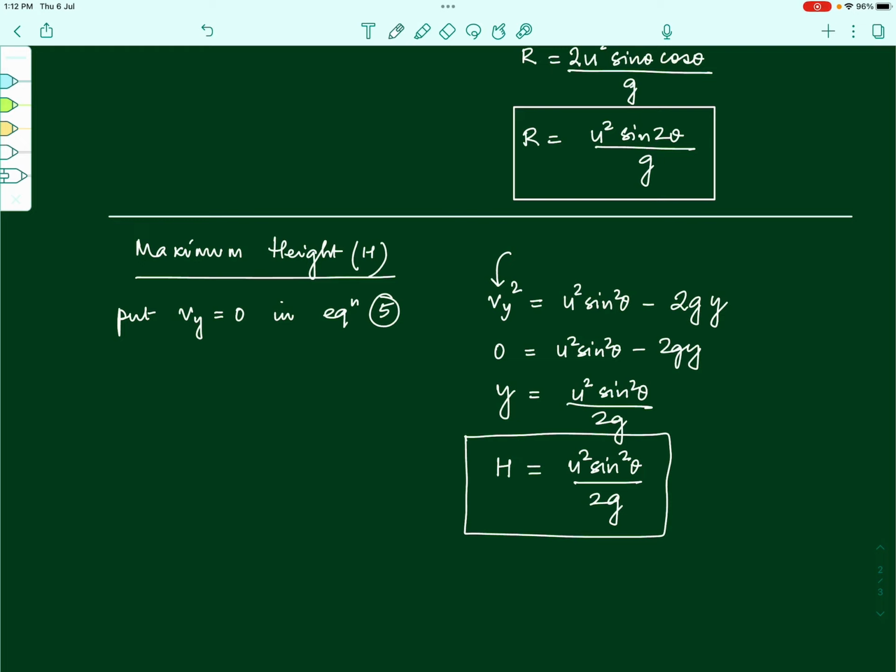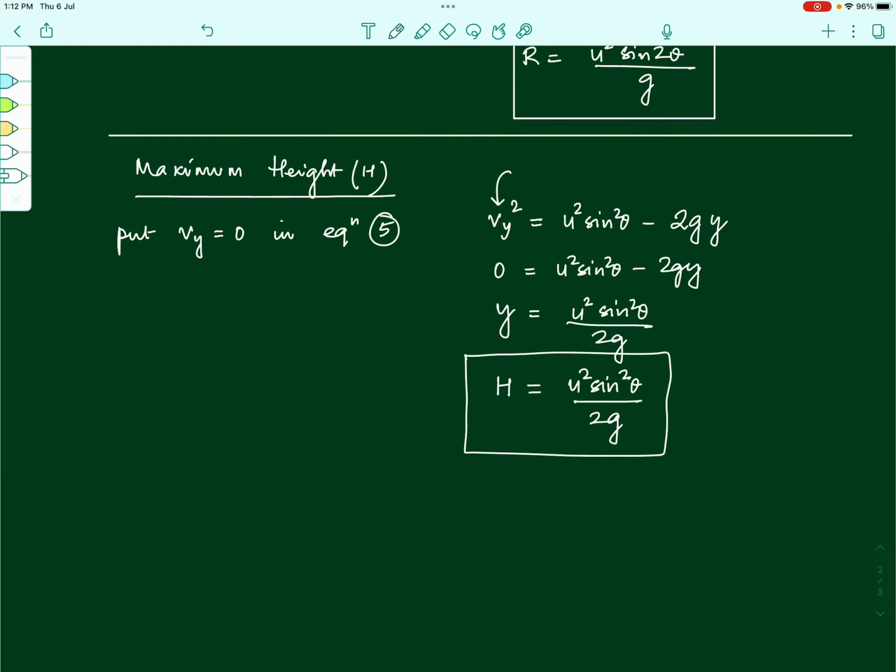Okay. We can also see something else. At the maximum height, if we use the first equation of motion along the y direction, Vy is equal to u sin theta minus gt. See that when Vy becomes 0, this gives us t is equal to u sin theta by g.